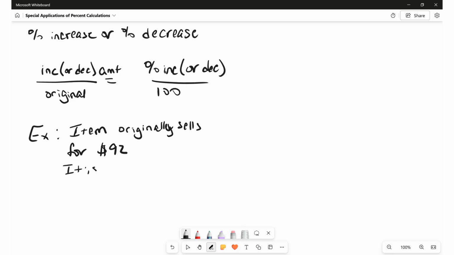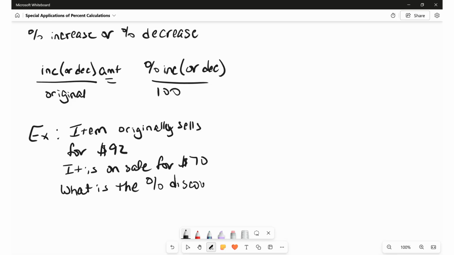So it is on sale for $70. So what is the percent discount?